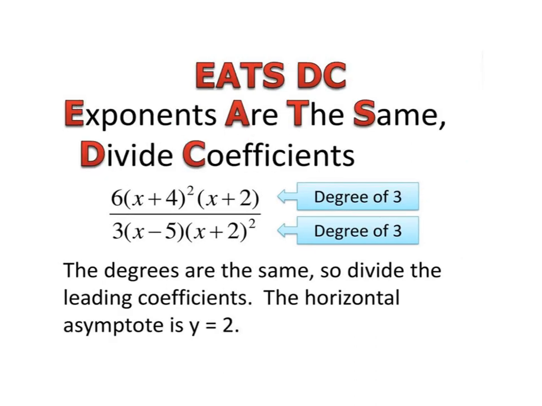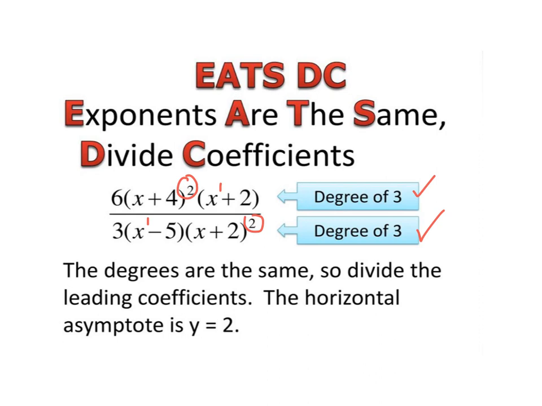Then the last part of the acronym is EATS DC, and what that stands for is if the exponents are the same, then you divide the coefficients. So here we have an x squared and an x to the first power, so that's going to be a degree of 3. In the denominator, we have an x to the first power and then an x squared, so that's going to be a degree of 3 also.